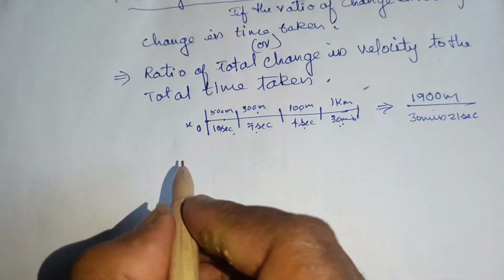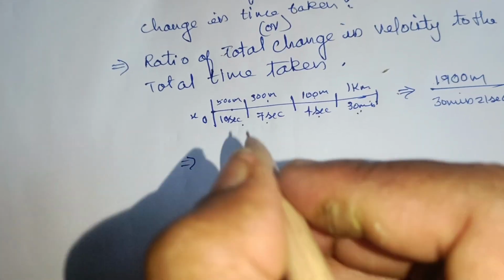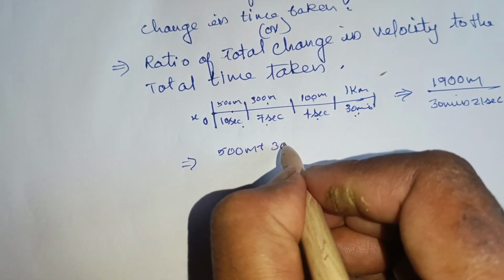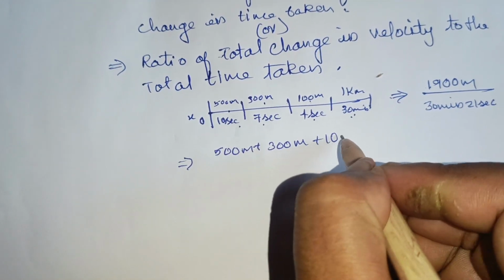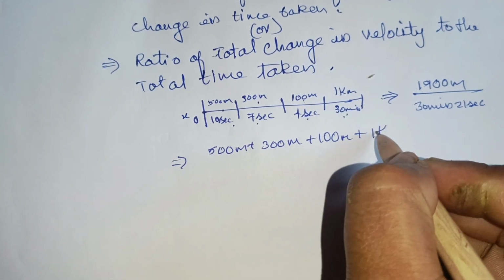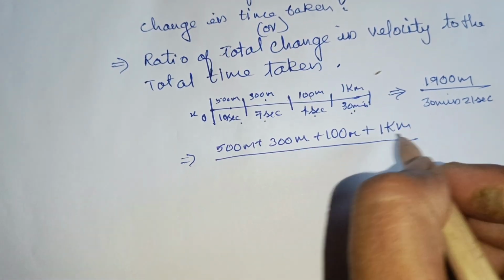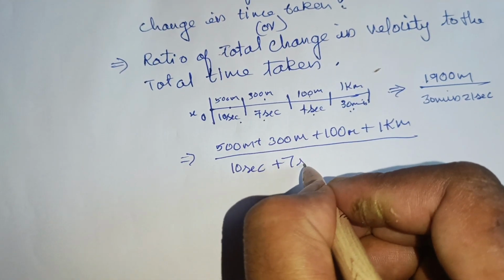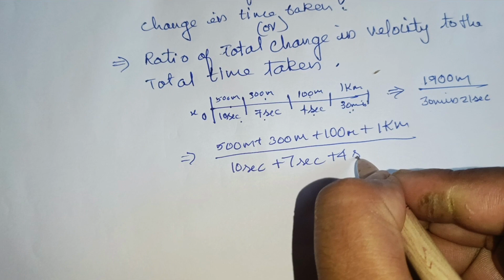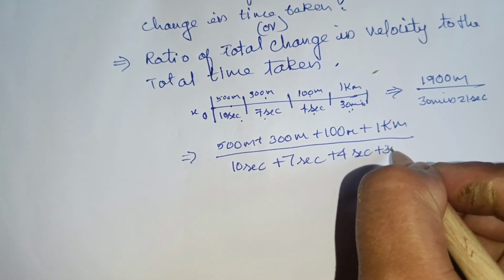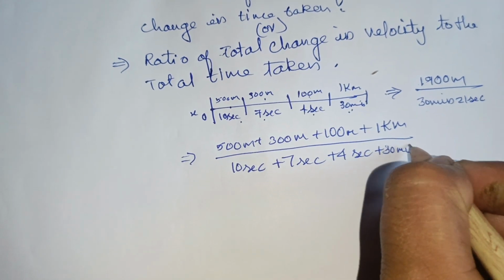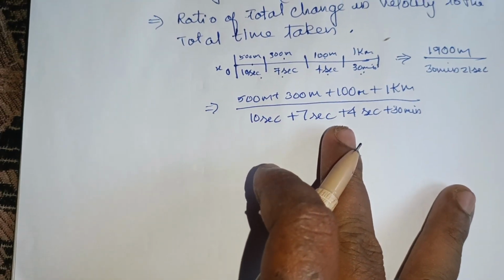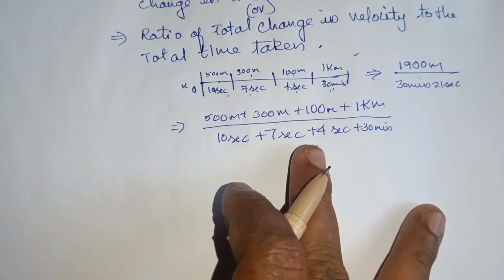If you still want to understand this concept, that is 500 meters plus 300 meters plus 100 meters plus 1 kilometer, divided by 10 seconds plus 7 seconds plus 4 seconds plus 30 minutes. In that sense also you can write the readings for your average acceleration.